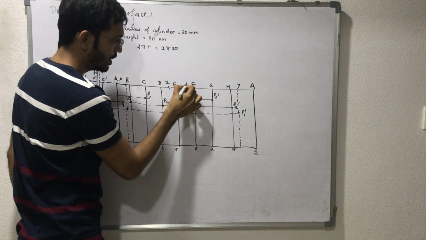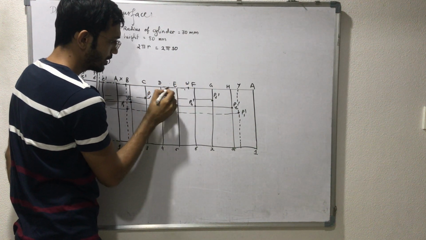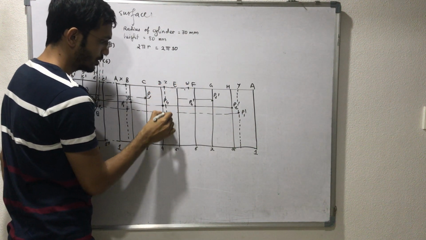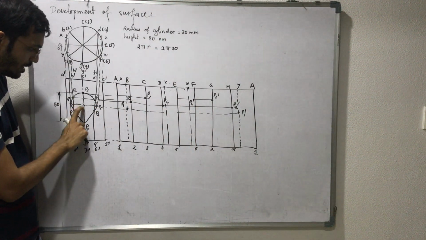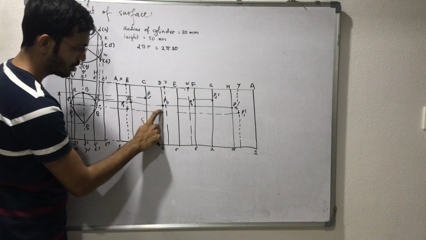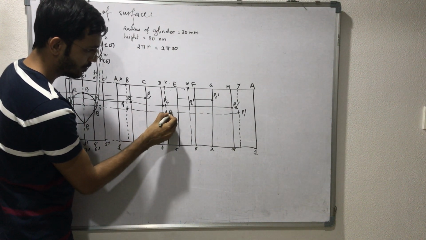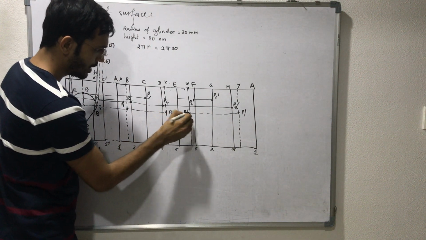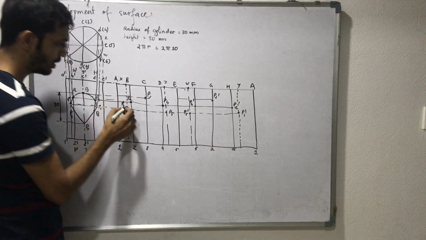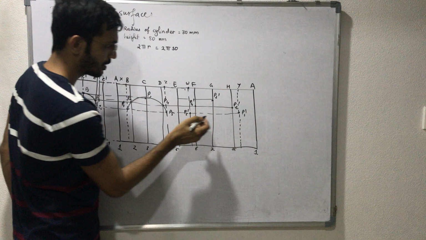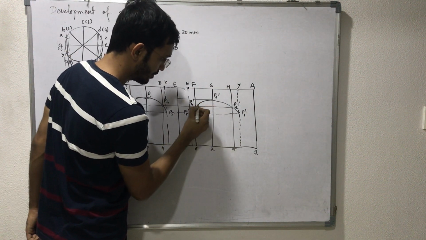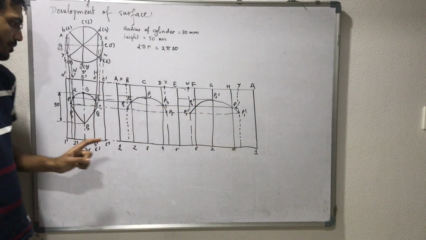So here it will be the W point and here the Z point. So extend the two lines. P5 and P5 are on the same line, so here is the extension P5 and P5 dash. When you join P1, P2 up to P5 with a smooth curve, it is not a perfect circle, it is an elliptical shape.